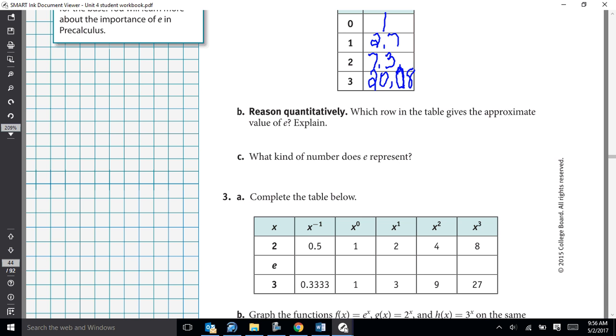Second LN, and then just do 1. And then if you push fraction, does it do anything? No. So is it rational or irrational? Irrational, because I can't represent it as a fraction. So it's an irrational number.